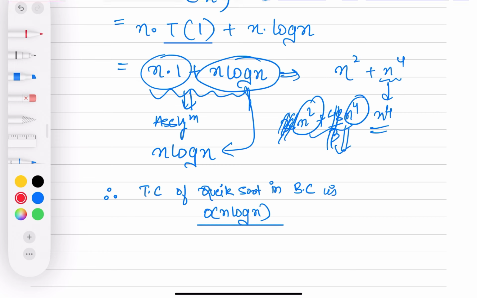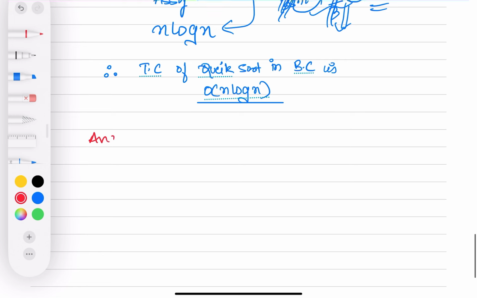Now, actually, you can derive the time complexity of the average case from this only. What do you think the average case will be? I'll just give a hint, and then we can get started with the derivation of the average case in the next video. See, in the best case you are getting equal subarrays.